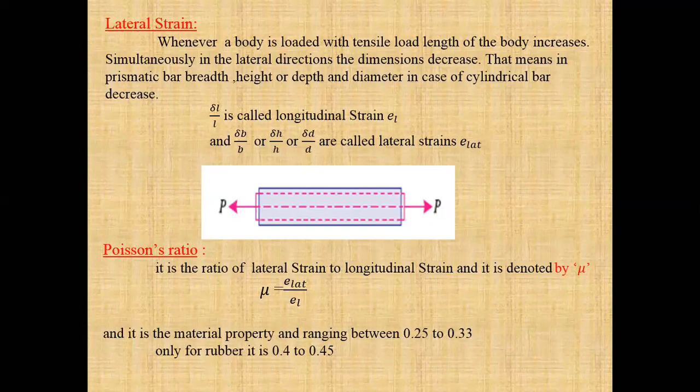In general, that mu, which is called Poisson's ratio, the ratio between the two strains, lateral strain to longitudinal strain, lies between 0.25 to 0.33.